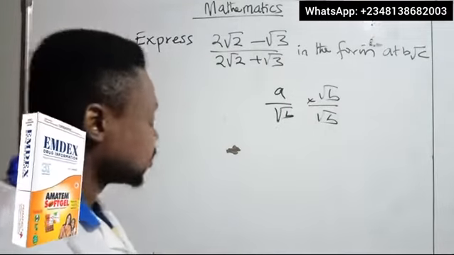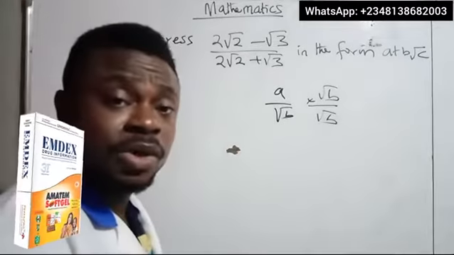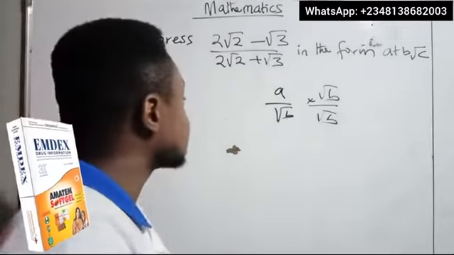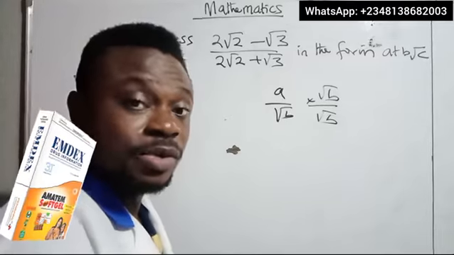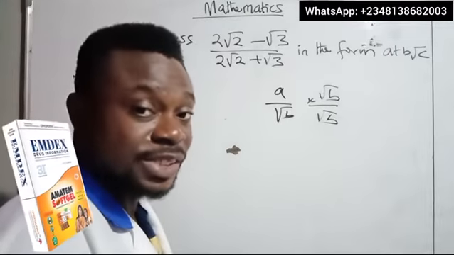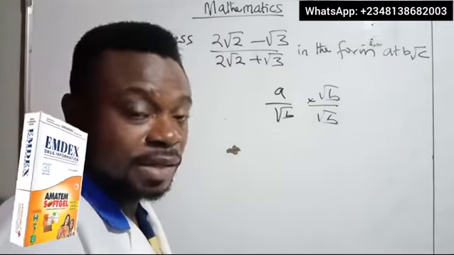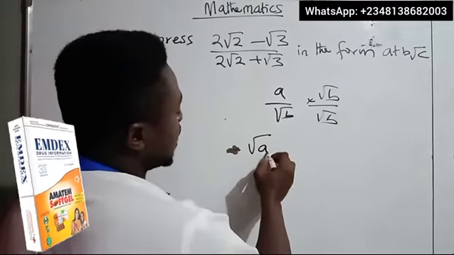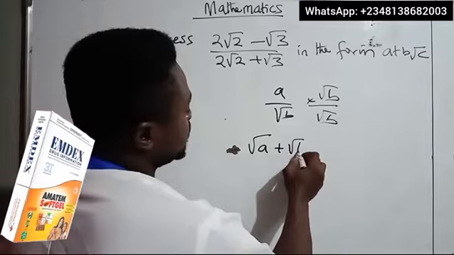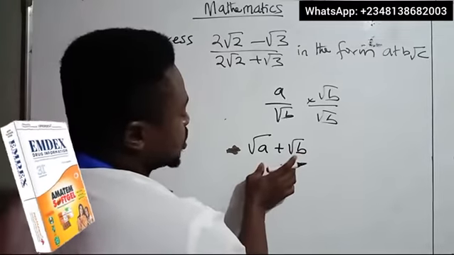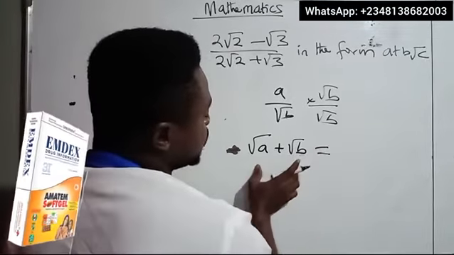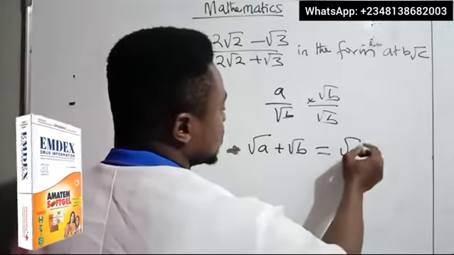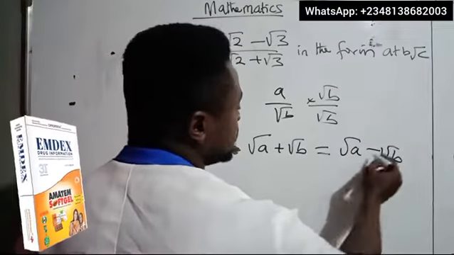And what are conjugate surds? Conjugate surds are surds whose product gives a rational number. Conjugate surds are in this form: root a plus root b. The conjugate surd of this root a plus root b is root a minus root b.